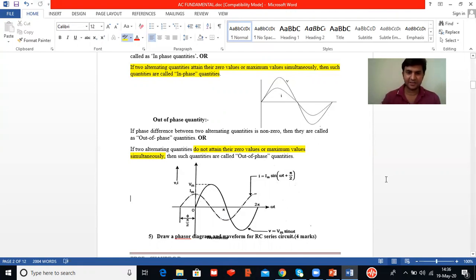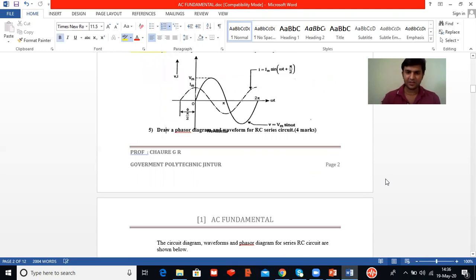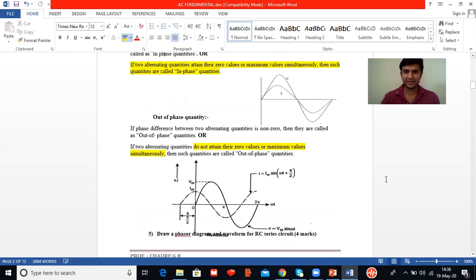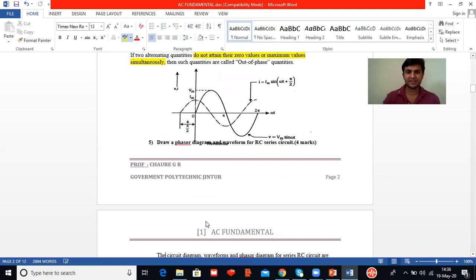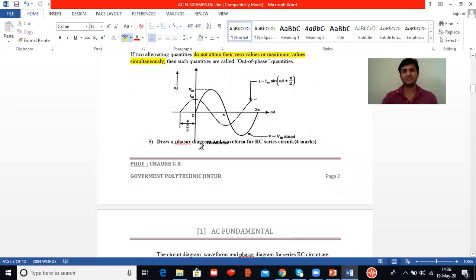See here the diagrams are given. In the first diagram, the voltage and current are in-phase alternating quantities. And in the second figure, the voltage and current are out of phase. The phase difference between voltage and current is pi by 2.